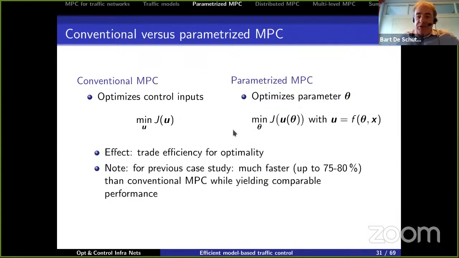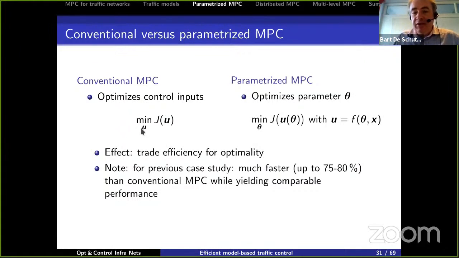The first approach that we take is so-called parameterized MPC. In conventional MPC, you would optimize the control inputs, but in parameterized MPC, you make a relation between the state of the system and the control inputs using a parameter theta. The idea is that we now optimize theta instead of u.